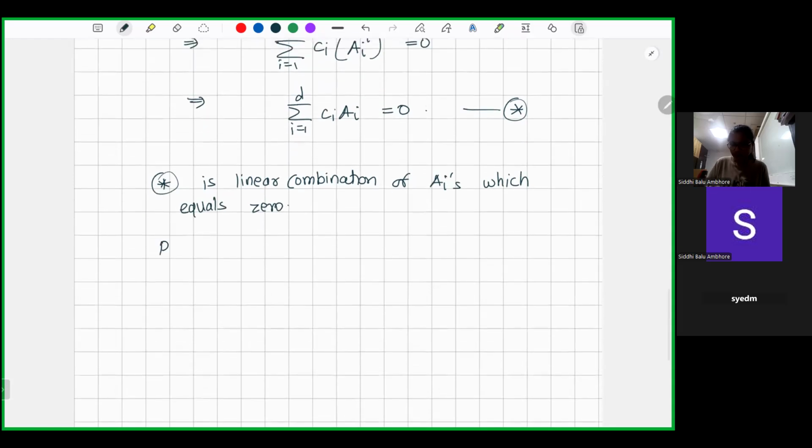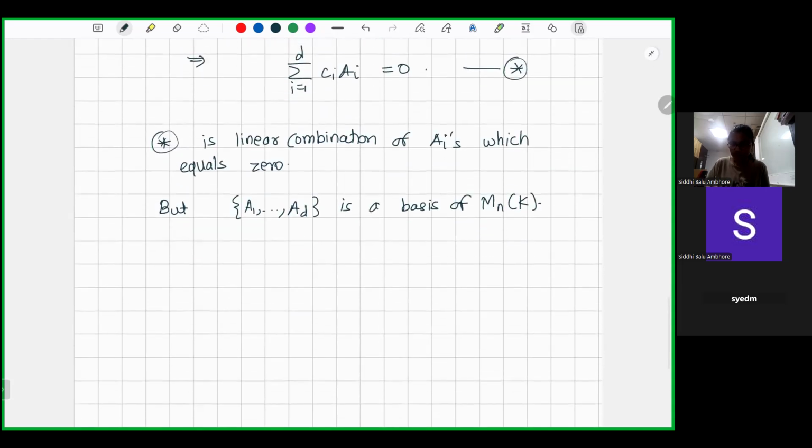Okay, but this a1 to ad is a basis of M_n(K), right? We have this. So this implies each ci is 0 for all 1 ≤ i ≤ d. Right?